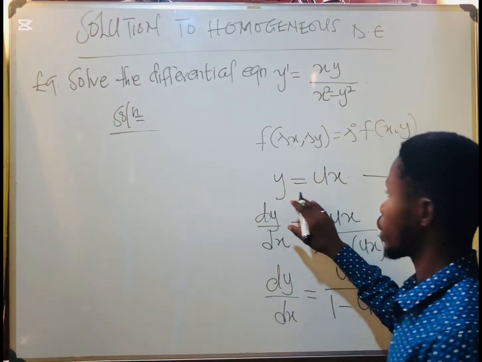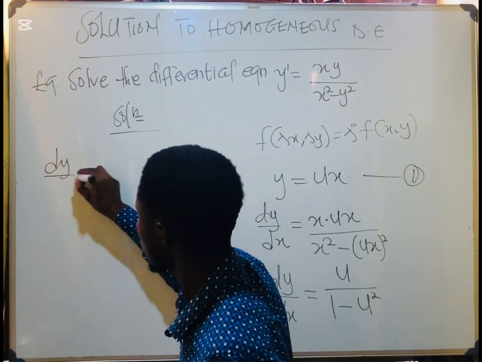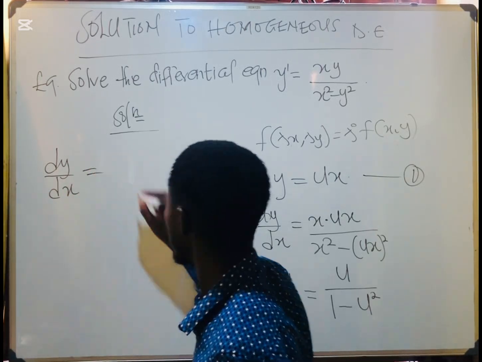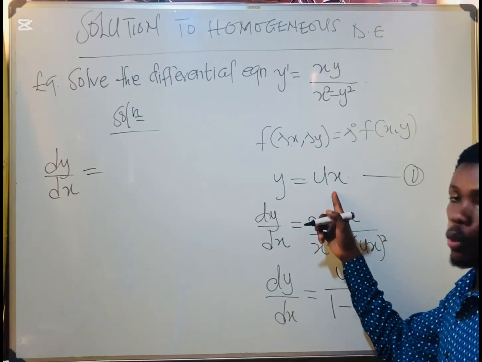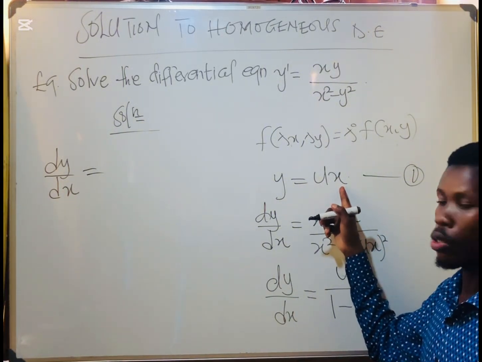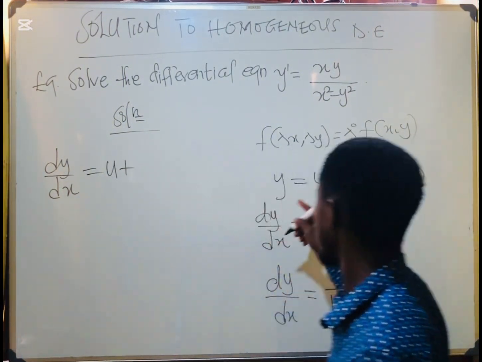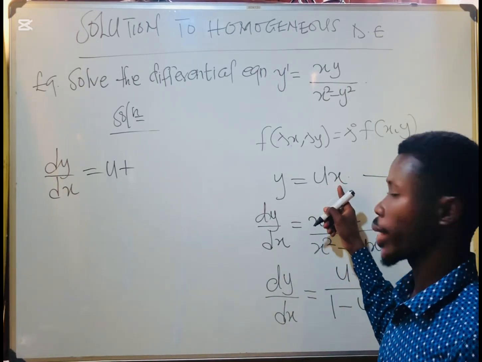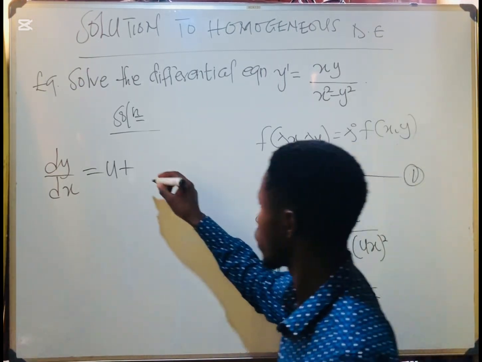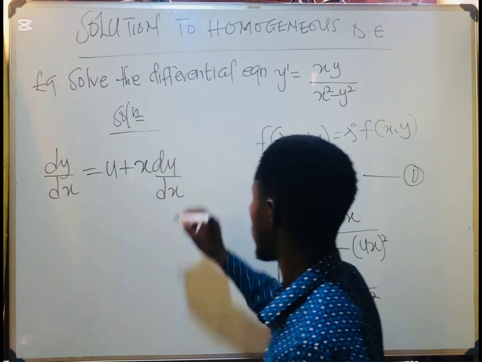Then we differentiate it. This gives dy/dx equals, using the product rule, I hold the u and differentiate x, which gives 1. So 1 times u is u, plus, now I hold the x and differentiate u, which gives x du/dx.